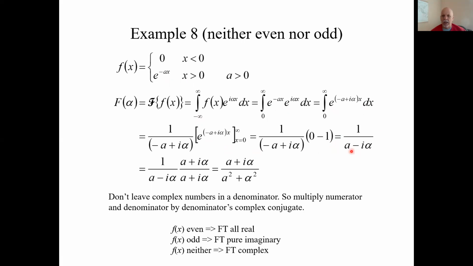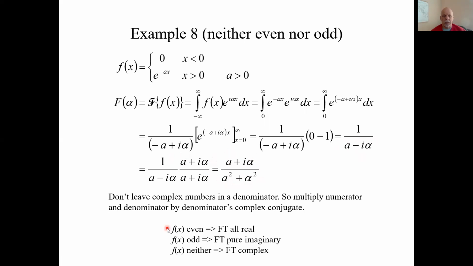We do not like complex numbers in the denominator, so we'll get rid of that by multiplying numerator and denominator by the denominator's complex conjugate. So we multiply top and bottom by a plus i alpha. When you carry that out, you get this. Still a complex answer, but at least it's not complex in the denominator. So this is the preferred form of the solution.